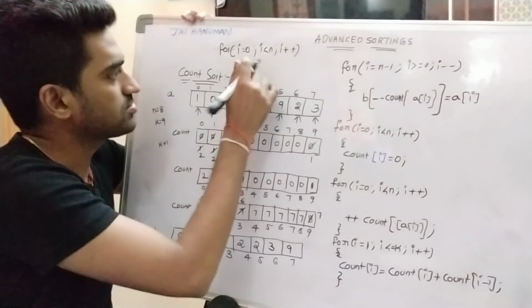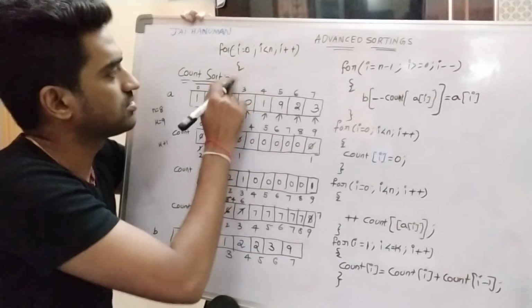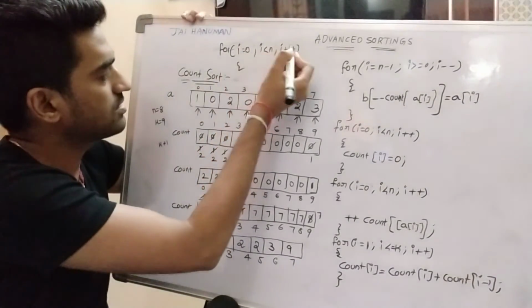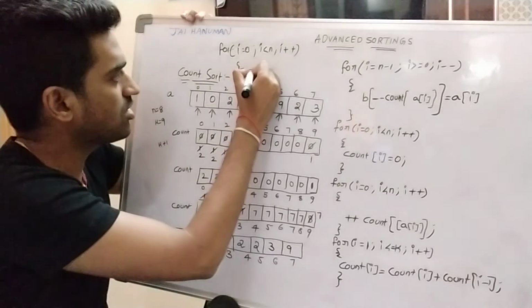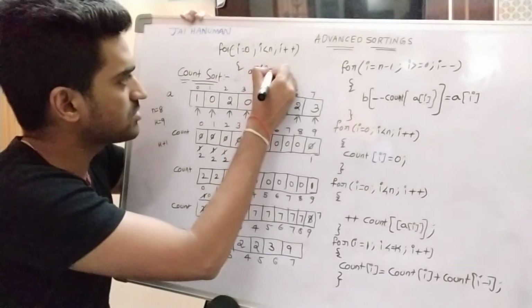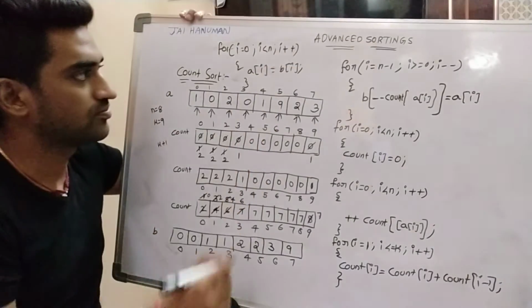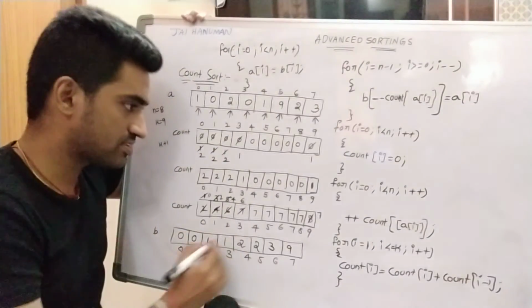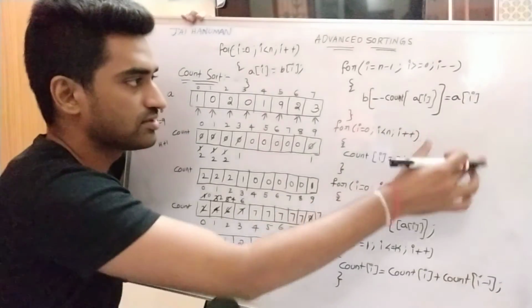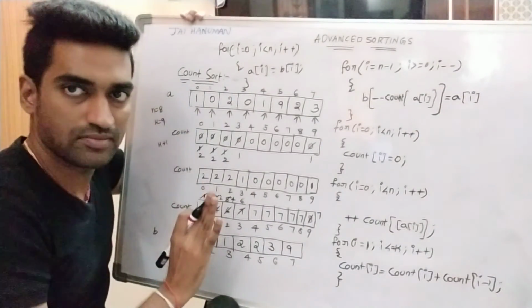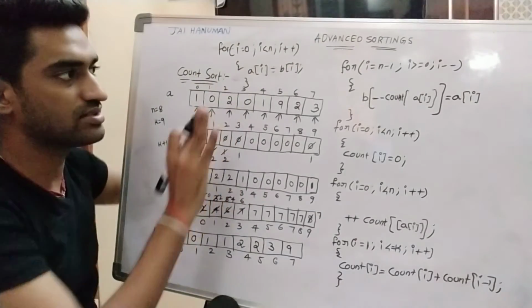Here I am copying all the B array elements into the A array, so A of I is equal to B of I. Now the resultant array becomes like this, the same array stored in array A. For that purpose I am taking this loop.